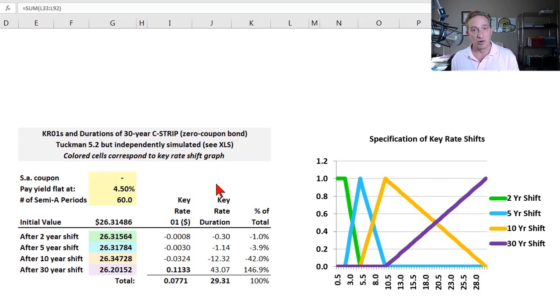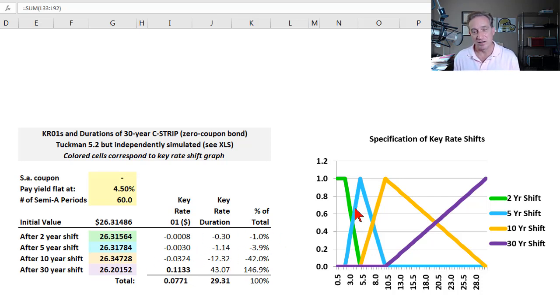If we have a portfolio that hedges us against all these 4 key rates and the term structure shifts, let's say it twists or it steepens or it flattens, but it does in a way that can be approximately captured by the key rates, we'll still be hedged for that non-parallel shift.